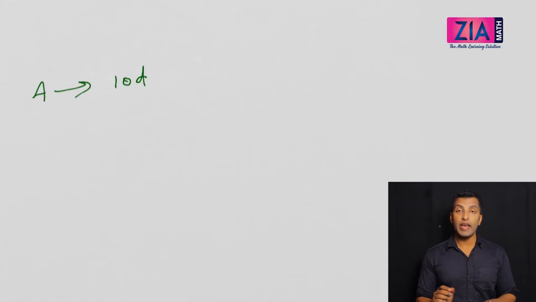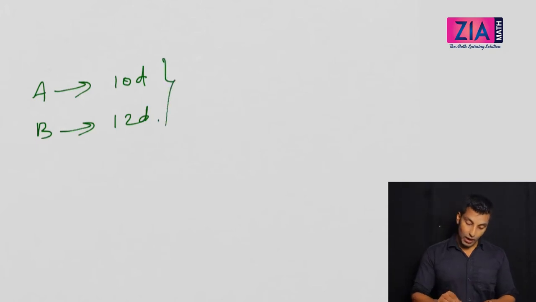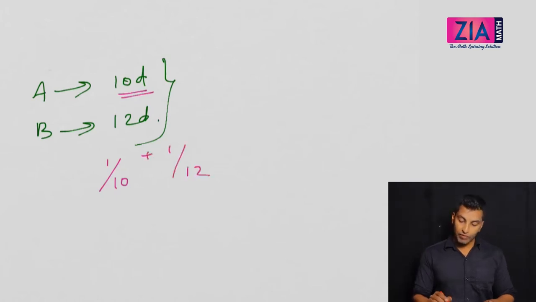Now for example, consider a case: A can finish a work in 10 days, B will finish in 12 days. Now A plus B working together, how many days can they finish? A can finish in 10 days means in one day A will complete 1 by 10, B will complete 1 by 12 in one day.